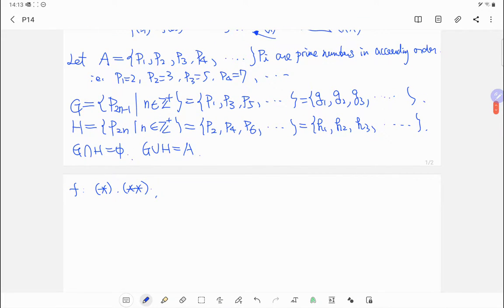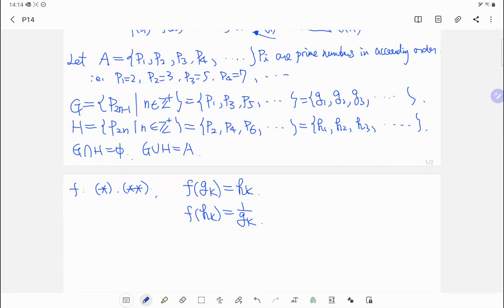So for a prime number, if it is in set G, then f of gk will be hk. And if this prime number is in set H, then f of hk will be 1 over gk.